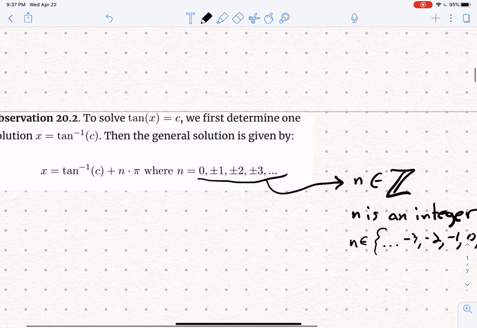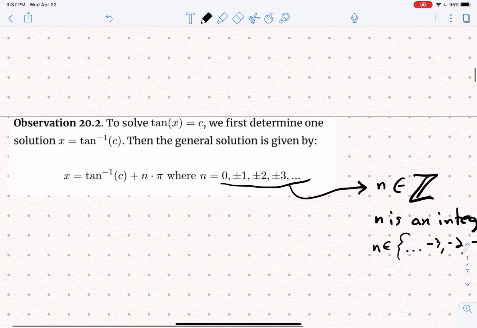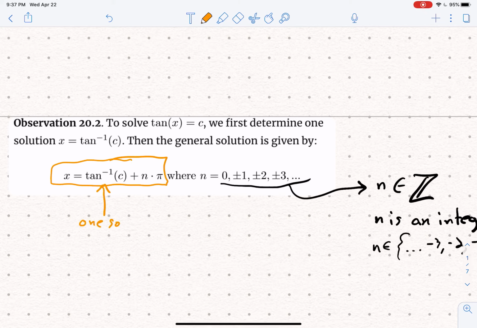And the idea behind the formula that I'm talking about is this one here: if you put your original single solution in here, so one solution goes here, then you can get more solutions by just picking a number for n, as long as it's an integer.